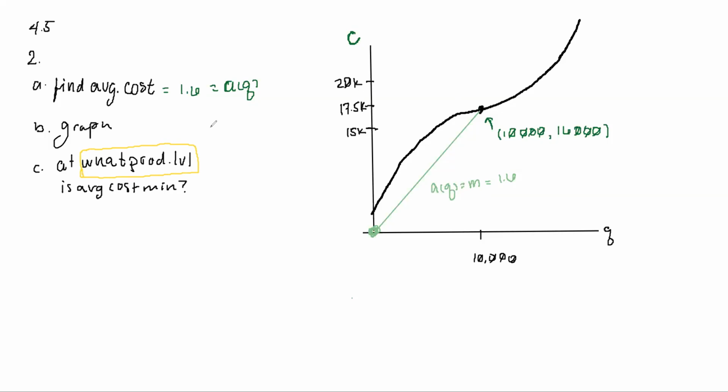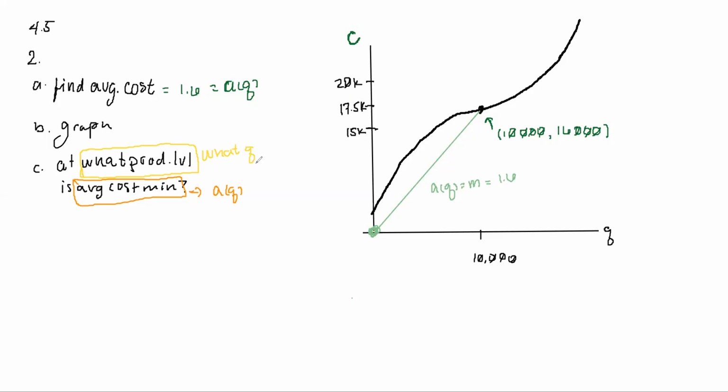So the way this question is situated is we're asking at what Q, at what amount of stuff are we making, is the average cost minimized? And when we say minimized, we're saying A of Q is going to be aligned, perhaps.